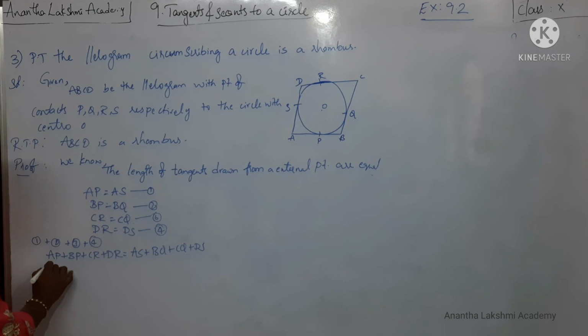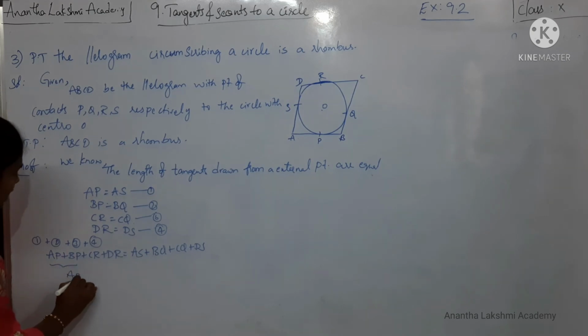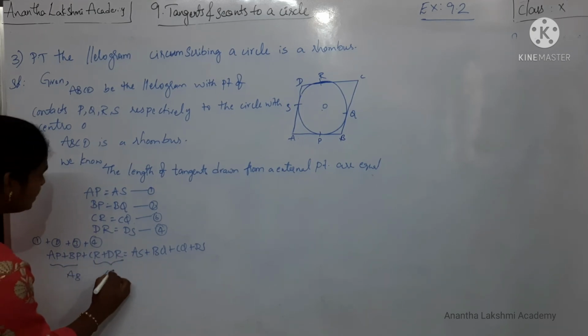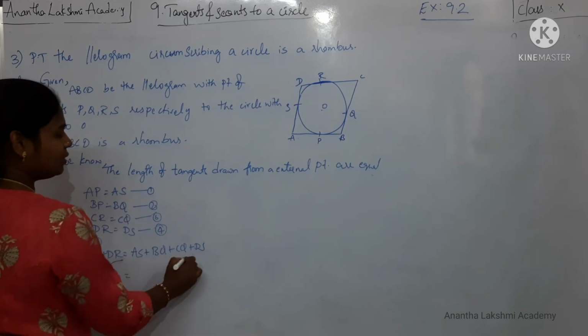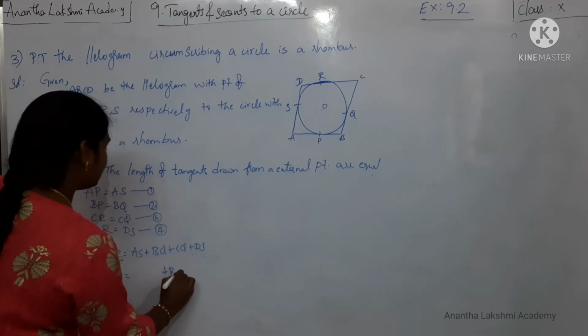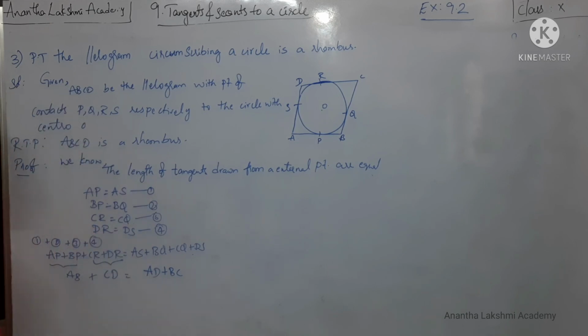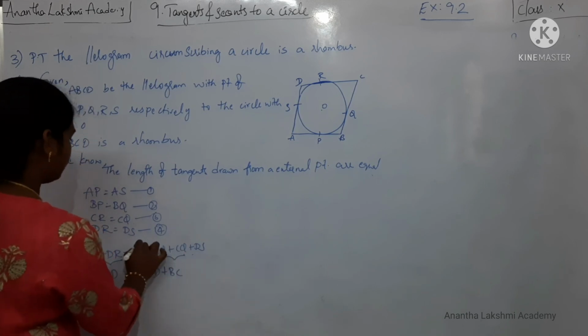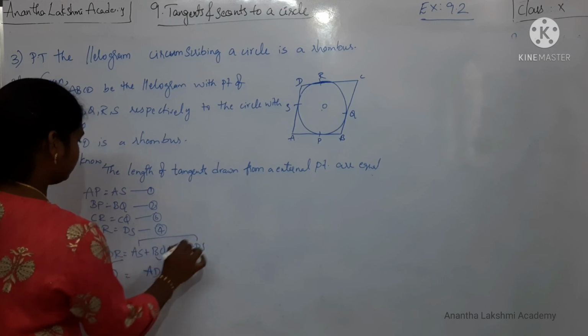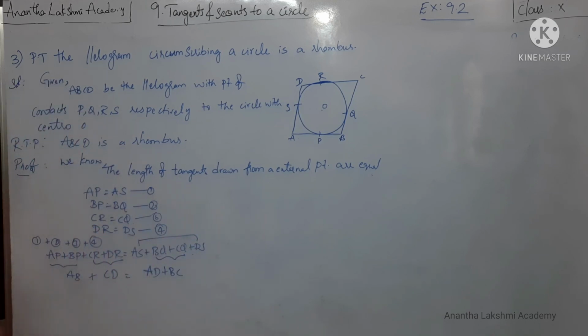AP plus BP is nothing but AB. CR plus DR is nothing but CD. BQ plus CQ is BC and AS plus DS is AD. Okay, AD plus BC we wrote.